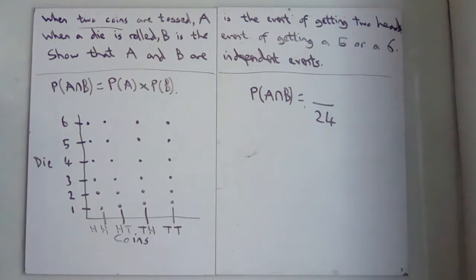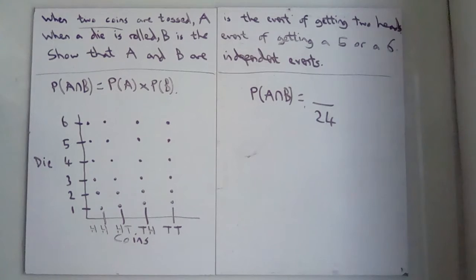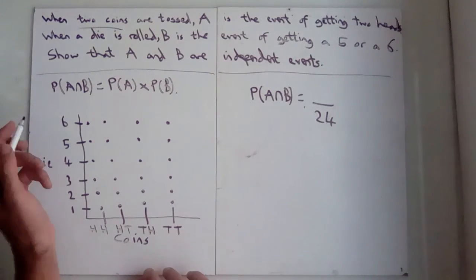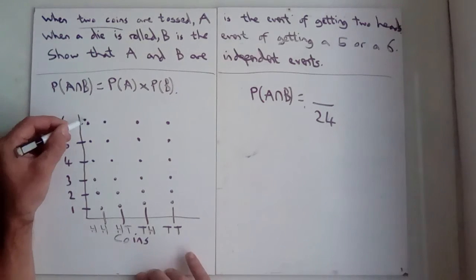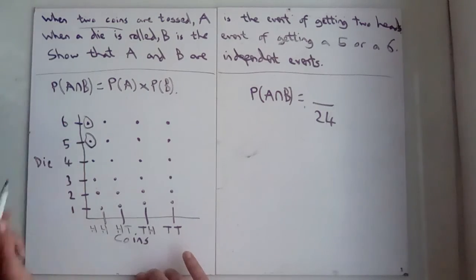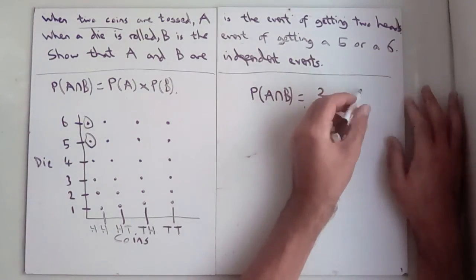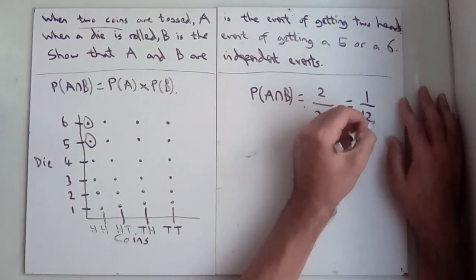How many of those involve getting 2 heads and getting a 5 or 6 on the die? Well, that's these 2: a 6 and 2 heads, and a 5 and 2 heads. So there's 2 of those, so it's 2 over 24, which is 1 over 12.